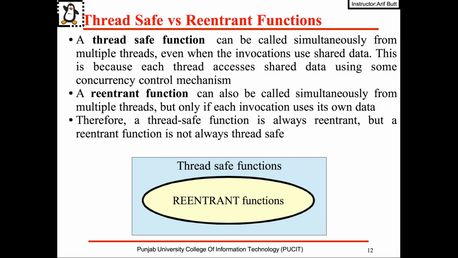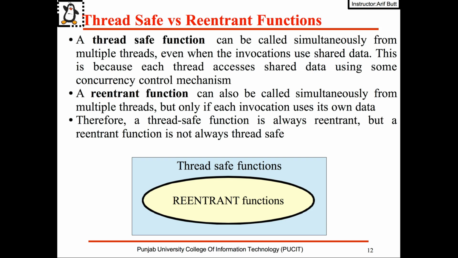A thread safe function can be called simultaneously from multiple threads, even when the invocation uses shared data. This is because each thread accesses shared data using some concurrency control mechanism. So they are very good functions. On the contrary, a reentrant function can also be called simultaneously from multiple threads, but only if each invocation uses its own data.